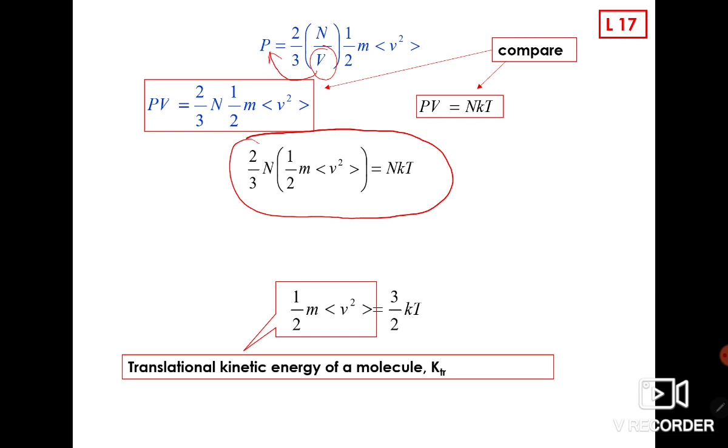So what happened is we can cancel out n on both sides. The 2 over 3, we can bring it to the other side.